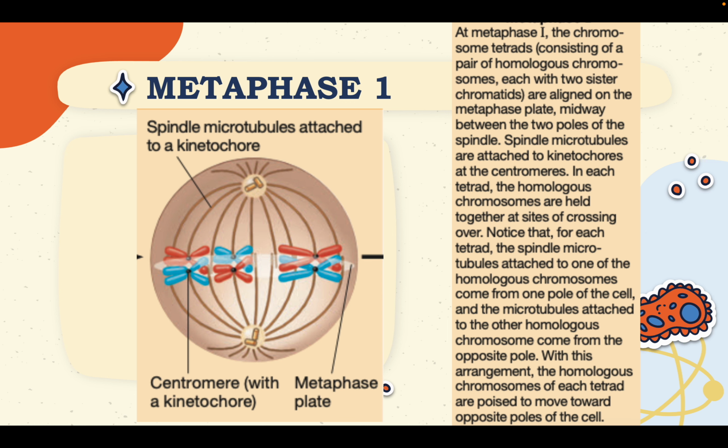It's like these tetrads have ropes tied to them at their center. In each tetrad, the two similar chromosomes, one from the mother and one from the father, are connected at places where they swapped information. This swapping of information is called crossing over. It is like they are holding their hands.